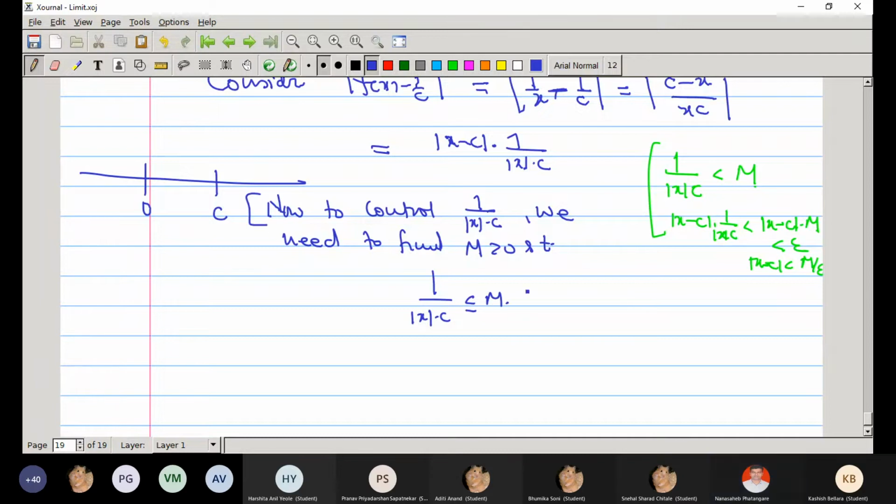This is what we want. But controlling 1 upon xc depends on x. So we should put some control on x. But we don't know where x is. So what control on x should we put?